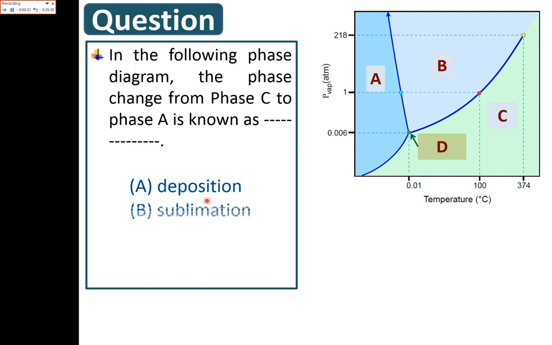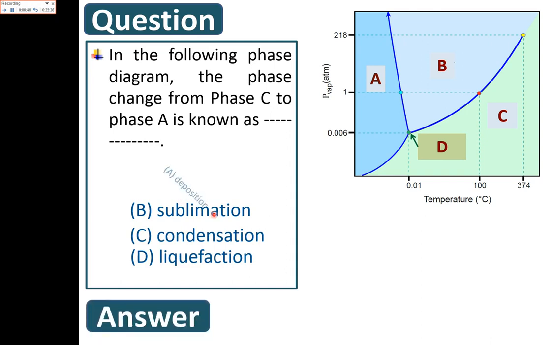Is it known as deposition, sublimation, condensation, or liquefaction? Actually, the correct answer is deposition. And of course, the opposite of deposition is sublimation. So if I asked you the conversion from the solid state to the vapor state, the name of this process is sublimation.